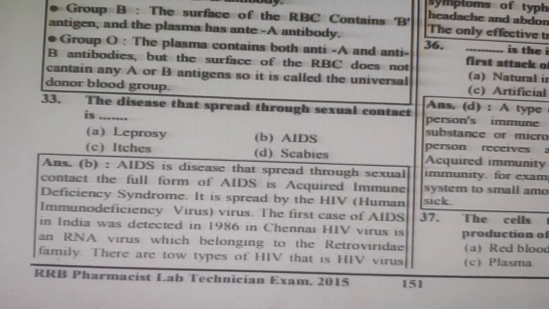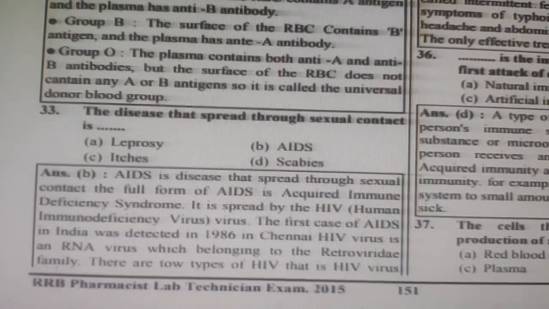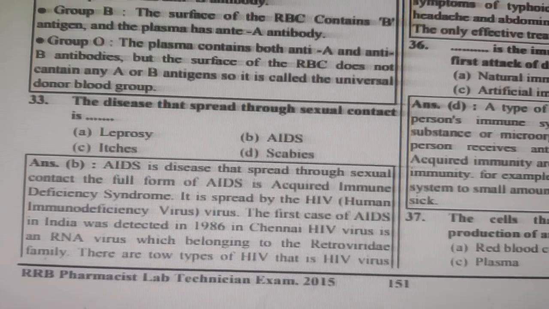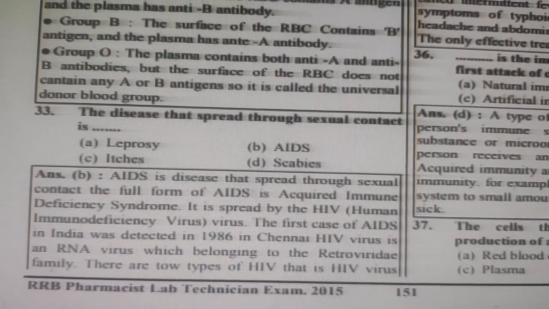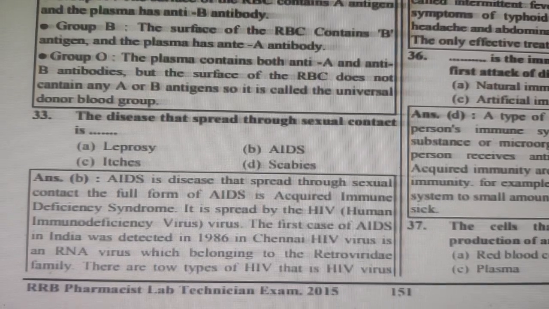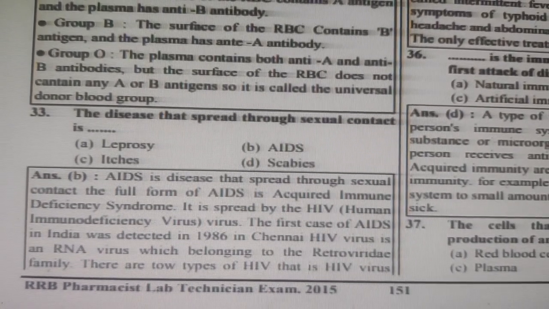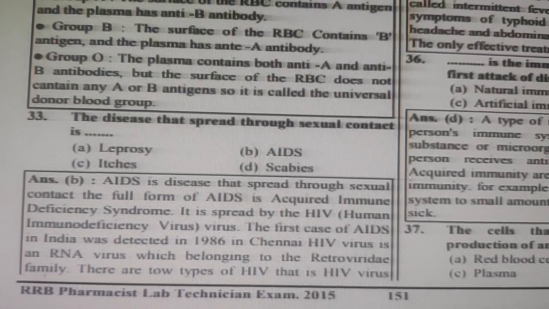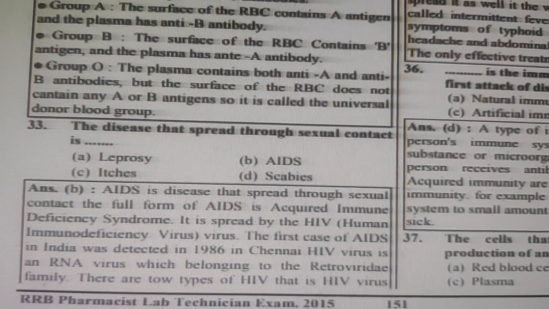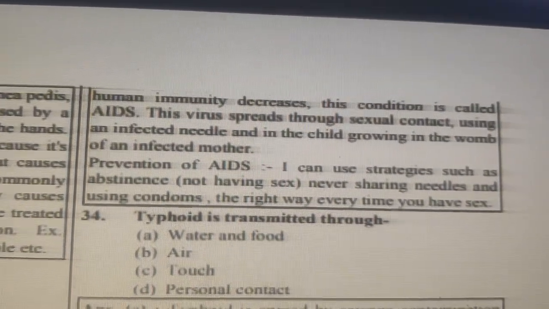HIV is an RNA virus belonging to the retrovirus family. There are two types of HIV. The HIV virus decreases human immunity, and this condition is called AIDS.